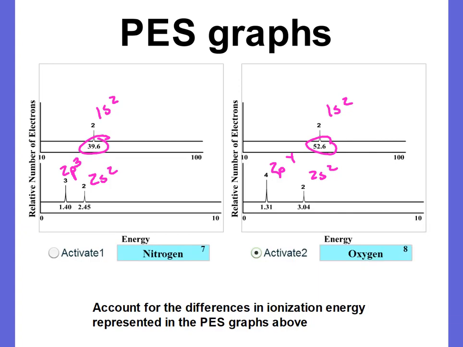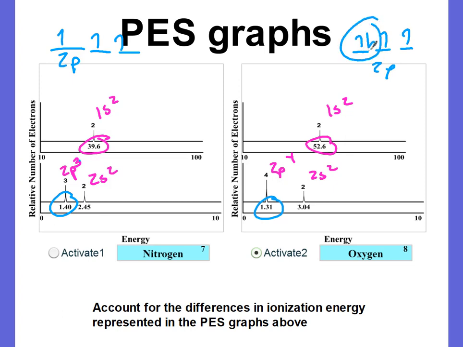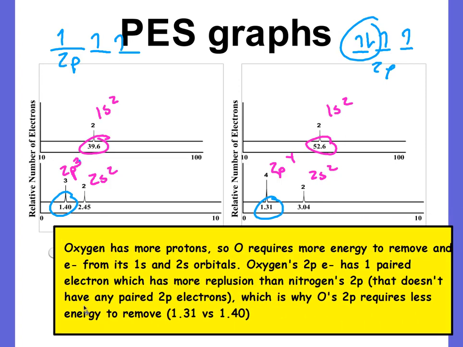But if we look a little closer, the 2p is actually harder to remove from nitrogen than oxygen, even though oxygen has more electrons. If we look at nitrogen's 2p, it has 3 electrons, while oxygen's 2p has 4 electrons. So the answer comes from here, where we have 2 electrons paired together.